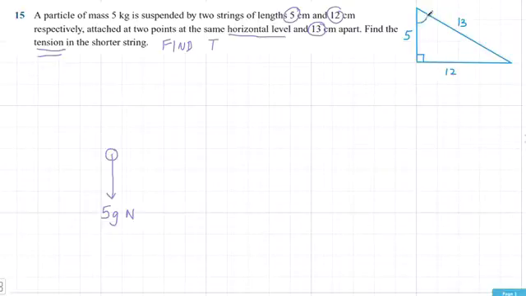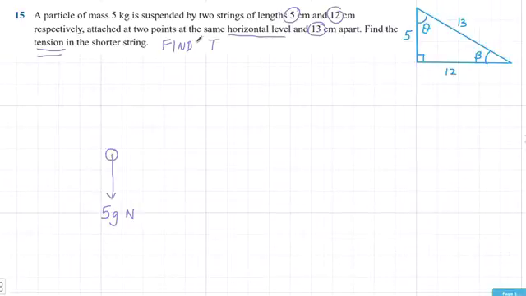We don't know what these angles are going to be because you can have any right-angled triangle like 60, 30, 45, 45. So I'm just going to call that theta, and I'll call this one beta. So those 2 angles there we don't know.